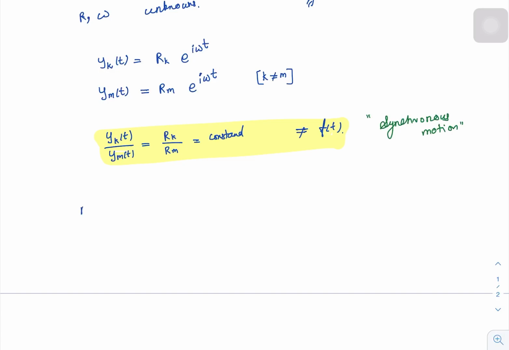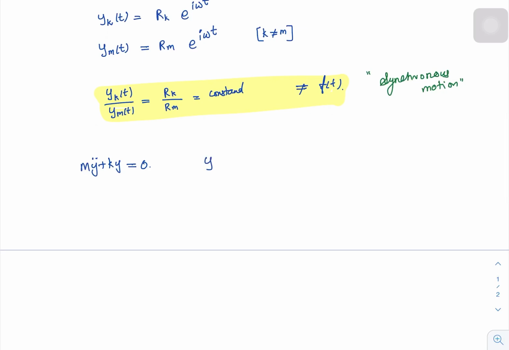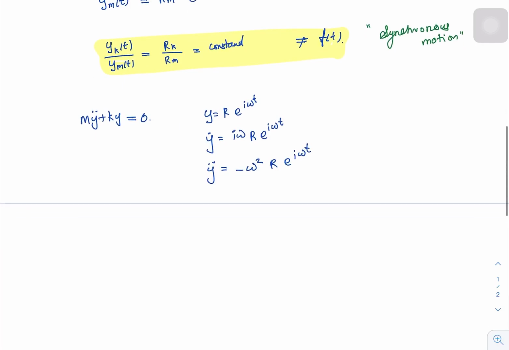We said m y double dot plus k y equal to 0. Therefore y equal to r e power i omega t. y dot will be i omega r e power i omega t, since if you take the derivative, it becomes i omega. So y double dot will be minus omega square r e power i omega t. Now substitute this into the main equation.